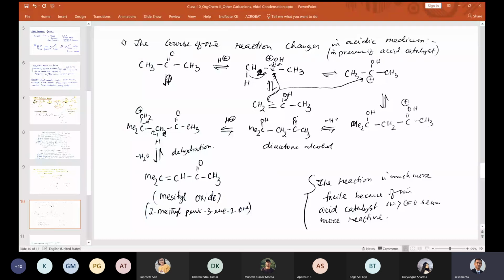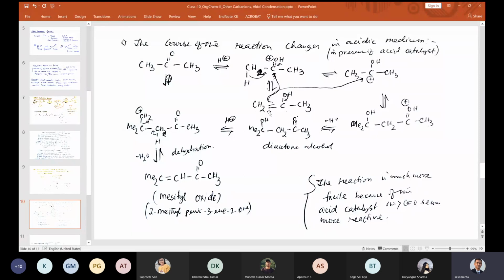Now this protonation also leads this hydrogen to go and there's a double bond. This process is called enolization. So in this acid medium, the acetone could easily lead to the enolized product, and also this acetone carbonyl carbon becomes highly electrophilic in nature.